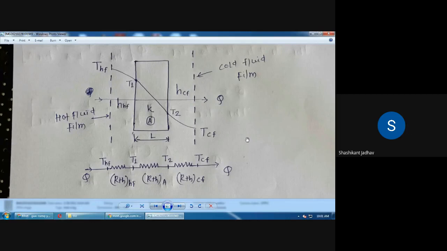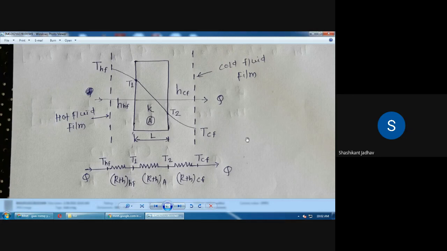We know that for the plane wall the temperature profile is linear, so from T1 to T2 it is a straight line, and some curvature in between at TH, that is the temperature of the hot fluid film, and at the right hand side TCF, that is the temperature of the cold fluid film.